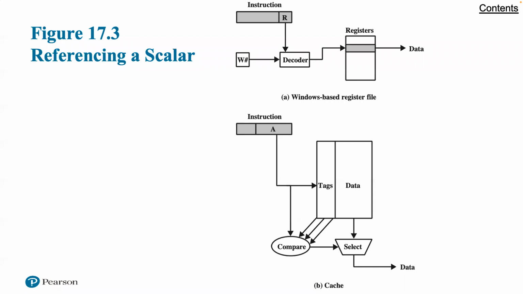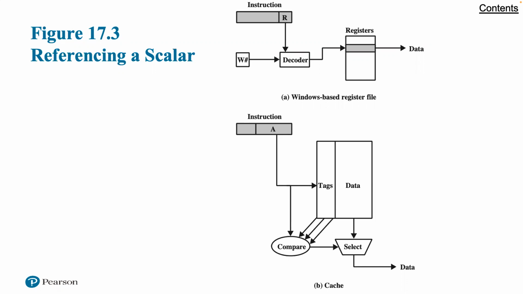Based on the discussion so far, the choice between a large window-based register file and a cache is not clear-cut. There is one characteristic, however, in which the register approach is clearly superior, and which suggests that a cache-based system will be noticeably slower.